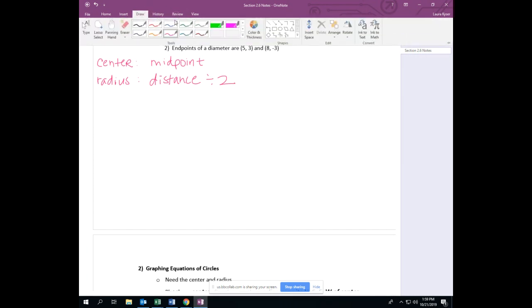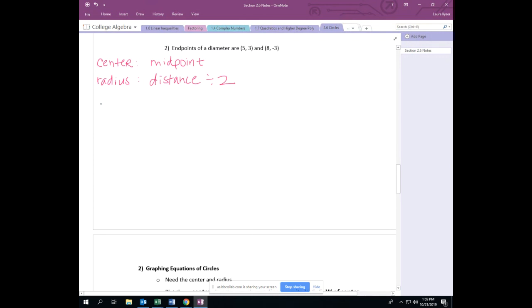So let's find each one of these pieces. Center first. We're going to use the midpoint formula. So we've got 5 plus 8 divided by 2, comma, 3 plus negative 3 divided by 2.